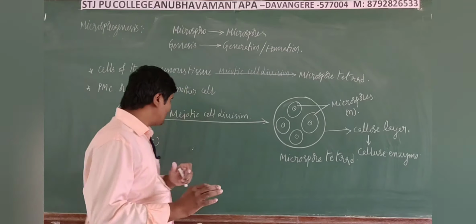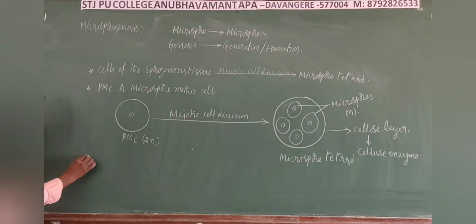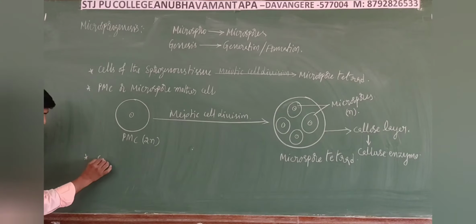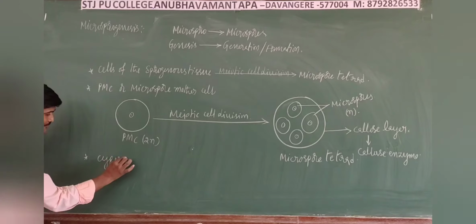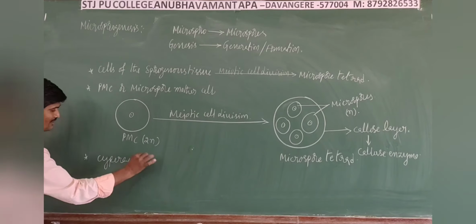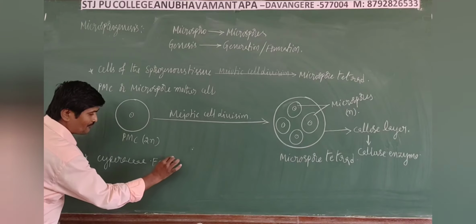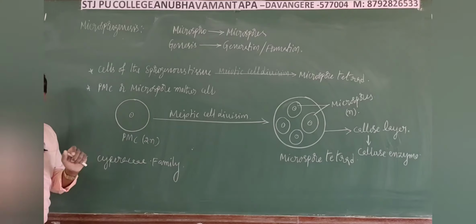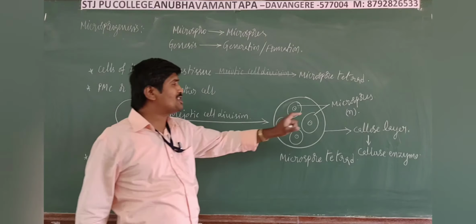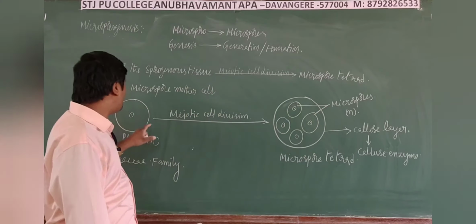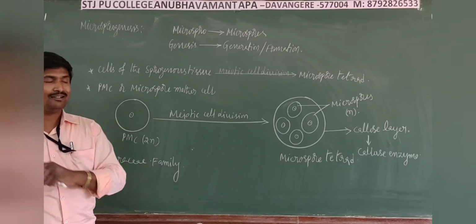Except in some cases, take the best example, the Cyperaceae family. In this family, only one functional microspore is developed from the pollen mother cell.